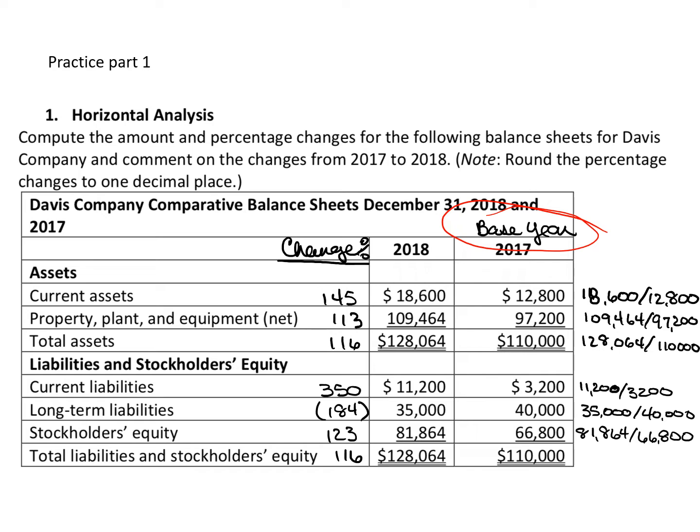As you can see, they've all grown except for the long-term liabilities, which decreased $5,000 or 184%. So that's horizontal, going across to see what the change is from year to the base year.